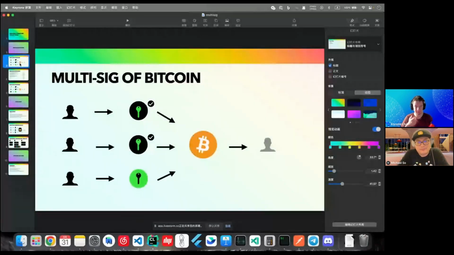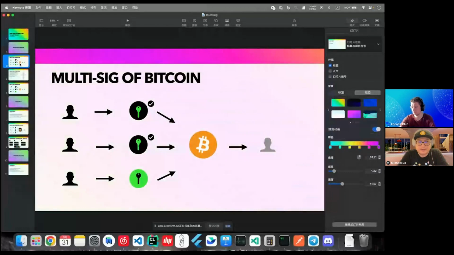Basically, there are three users on the left, and each one has its own key, passes some algorithm and collects signatures to control a wallet. Then the transaction is broadcast to the Bitcoin mainnet, and the recipient receives a certain amount of Bitcoin.